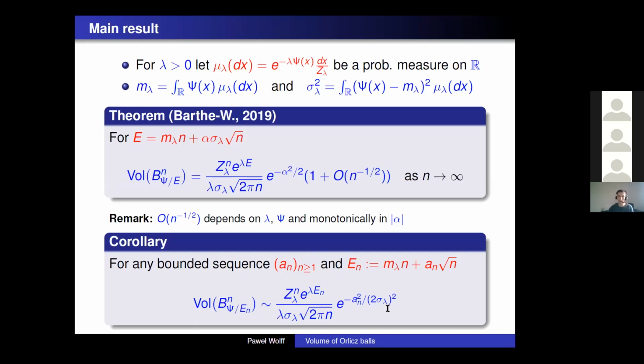Here one can write simply the same relative error as above, and the constants in this error depend on lambda, psi and the bound for the sequence a_n.